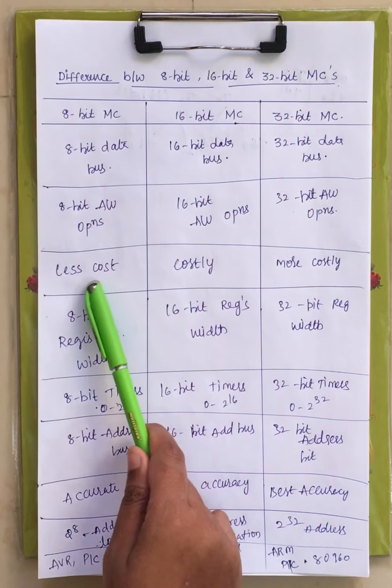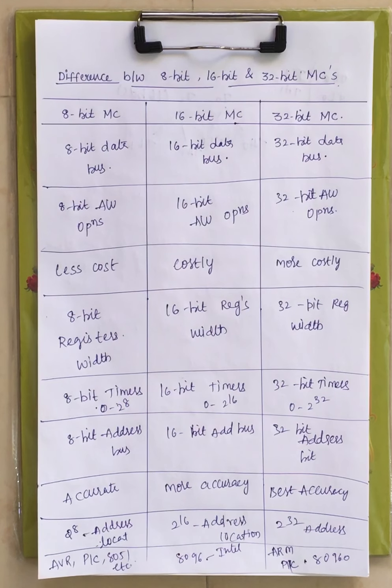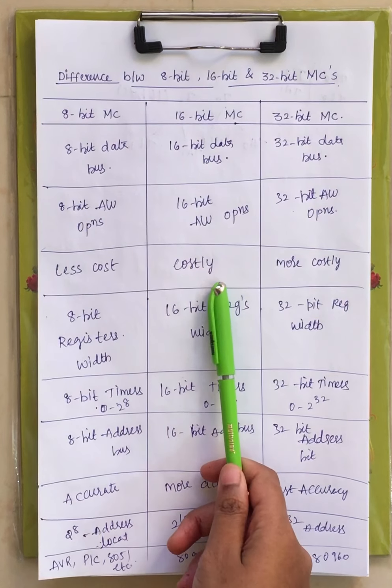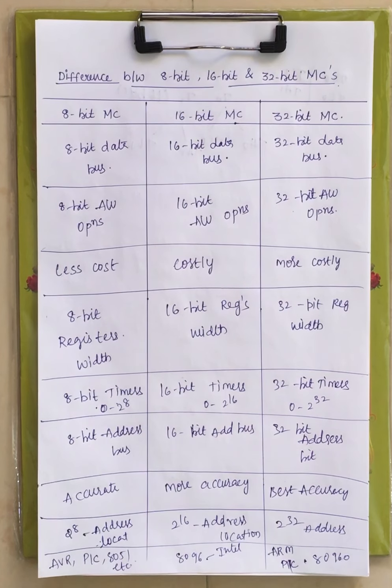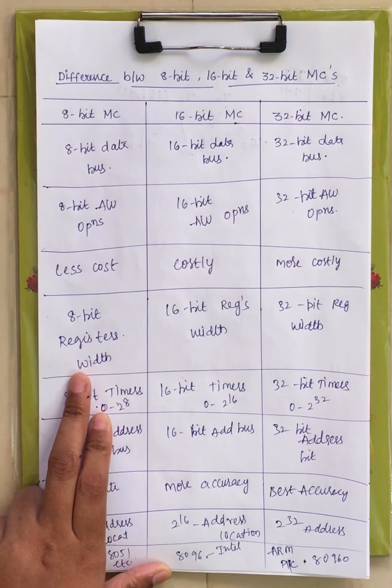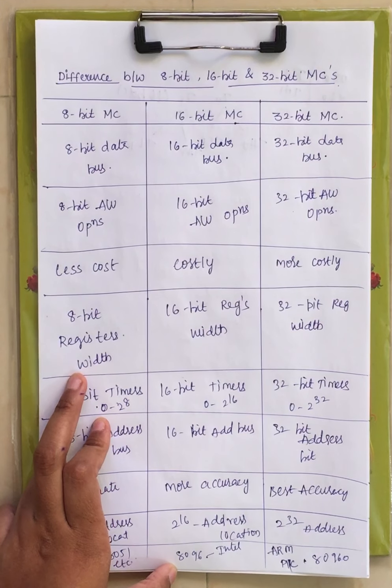Now coming to cost, the 8-bit microcontroller is of less cost. The 16-bit microcontroller is somewhat costlier than 8-bit, and the 32-bit microcontroller is more costly, right? Its cost is greater than the 16-bit and 8-bit microcontrollers. Now coming to registers, the 8-bit microcontroller contains 8-bit data, that means its registers can store only up to 8-bit data.